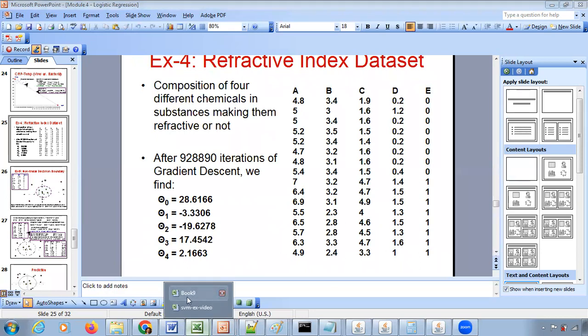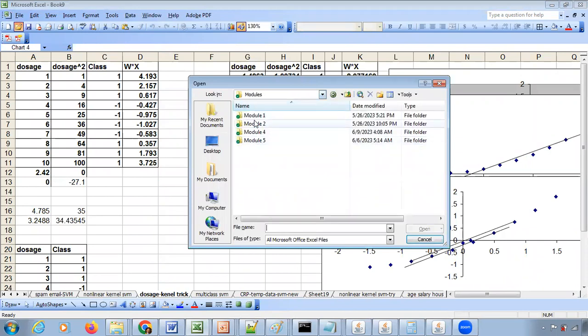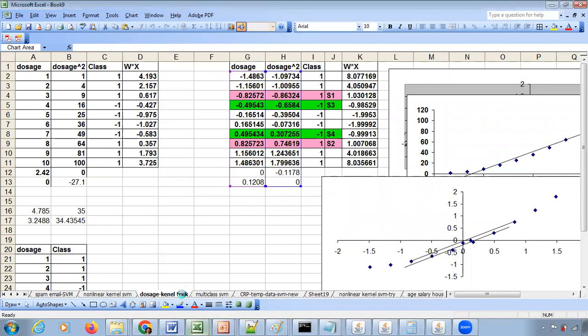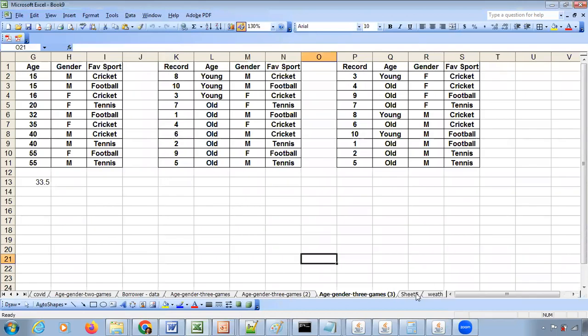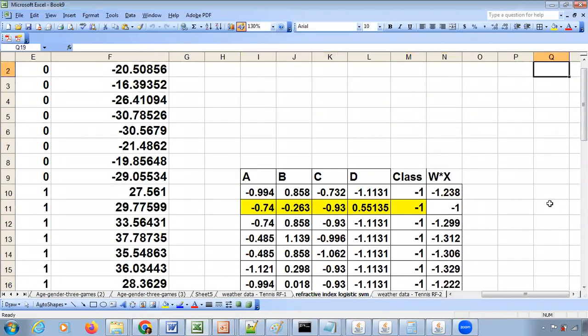Let me see if I can pull it up. Okay, it's here.